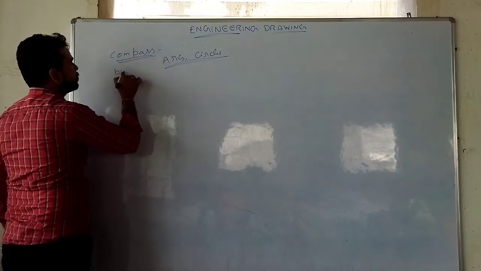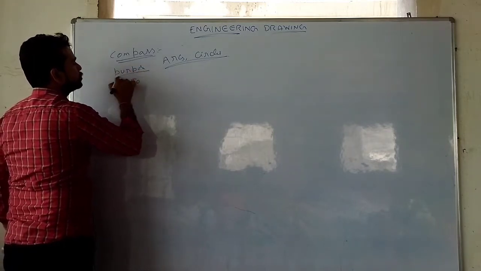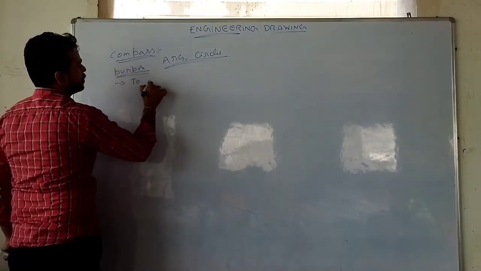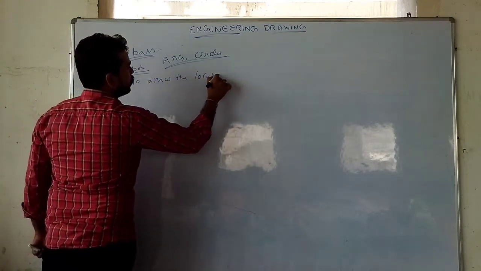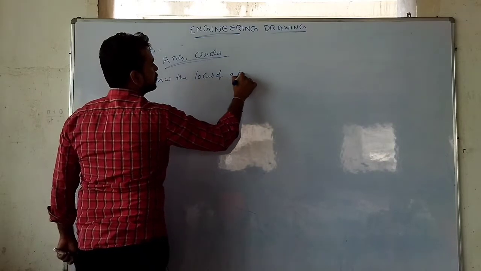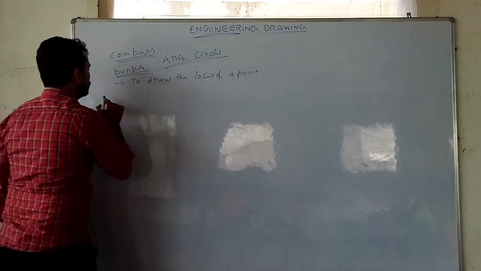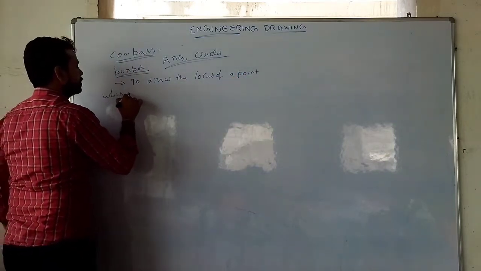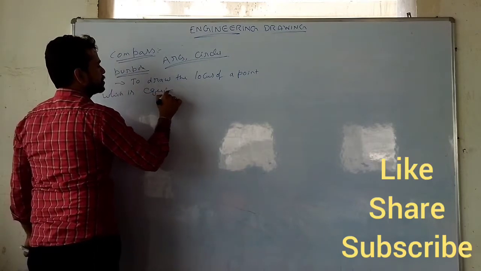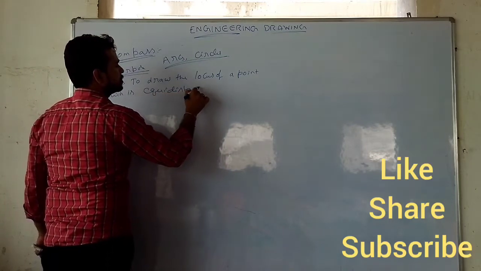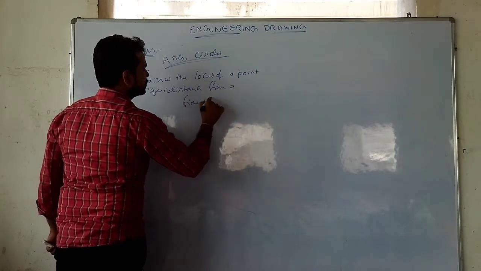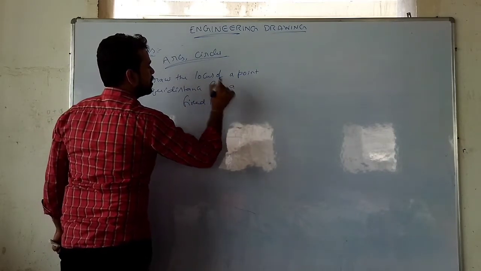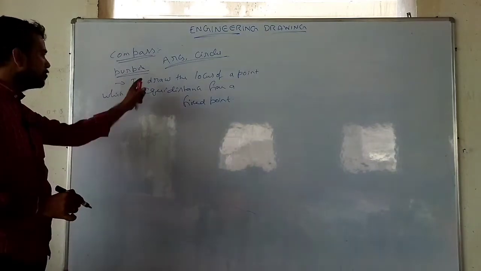The purpose of compass is to draw the locus of a point which is equidistant from a fixed point. This is the help of compass.